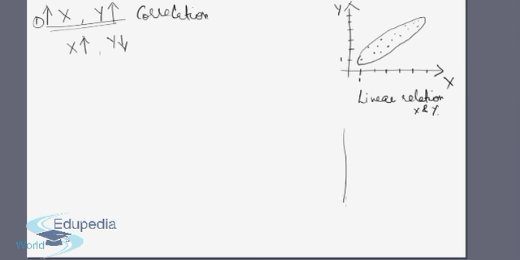Now at times when we take x and y, initially it may increase rapidly, it may go to a saturation point and then start decreasing. Now this, we see, is not linear.